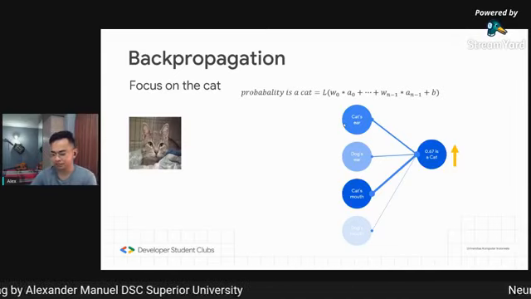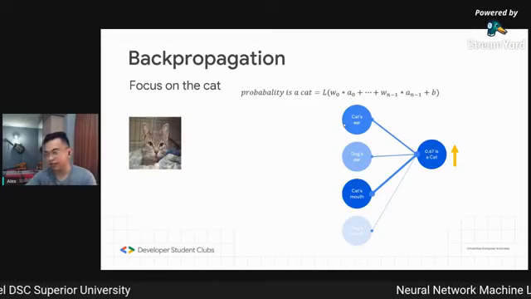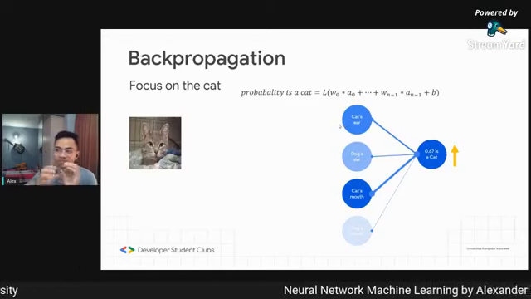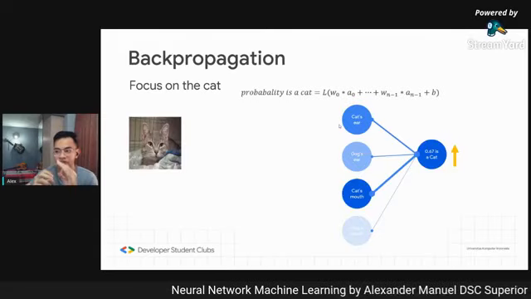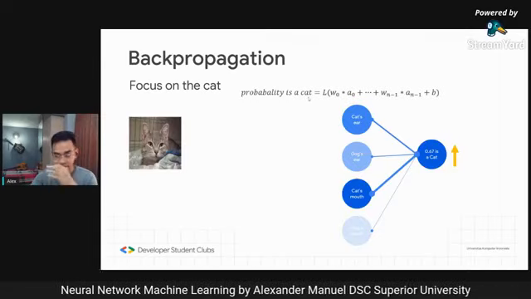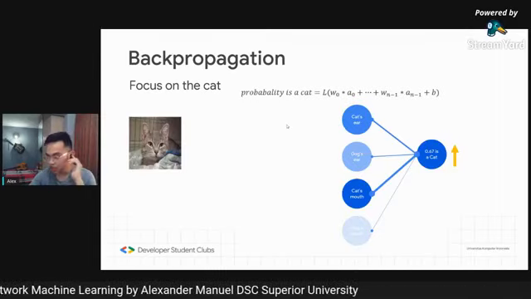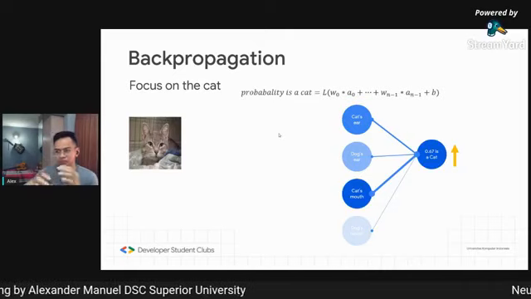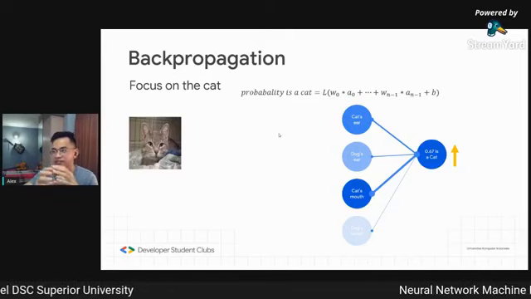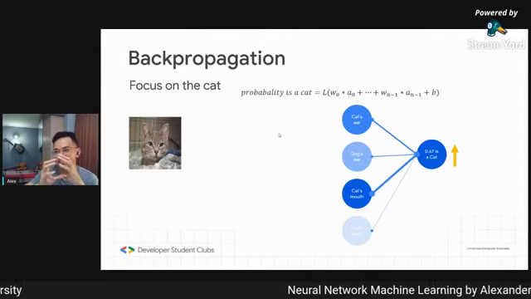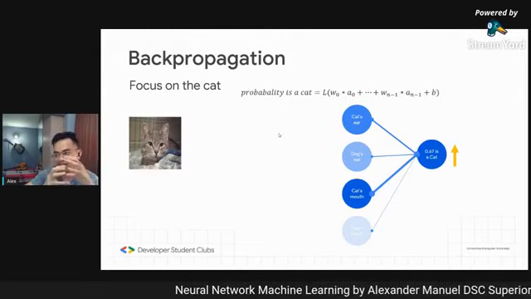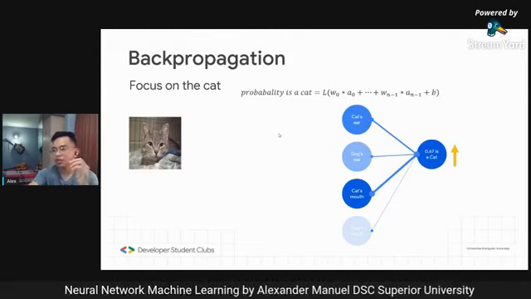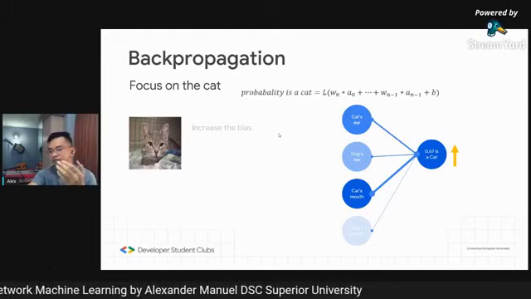When there's an input of a cat, specific neurons will have higher values. As shown in the illustration, they have more blue color. A higher value means that neuron indicates more of a cat. So we need to make it higher.